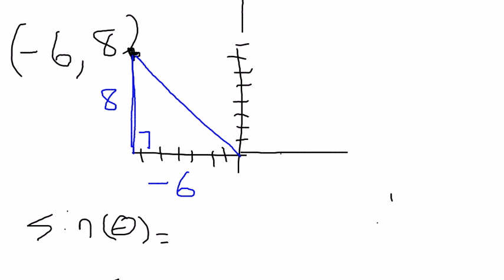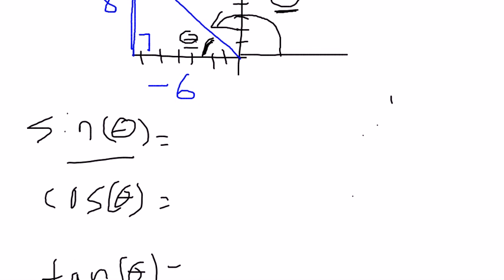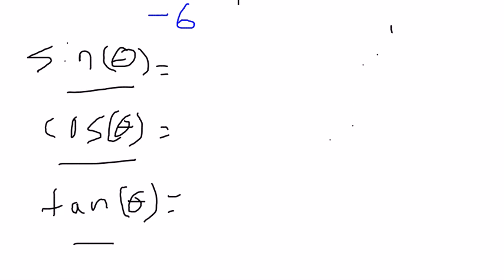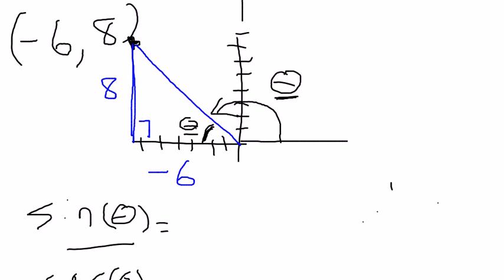My angle actually is out here, but for these problems you can just pretend, and it'll work just fine, that your angle is inside. Because these values will be the exact same for all 6 of these trig functions. As long as you draw your picture correctly, all these 6 trig functions will be the same for both of these angles.